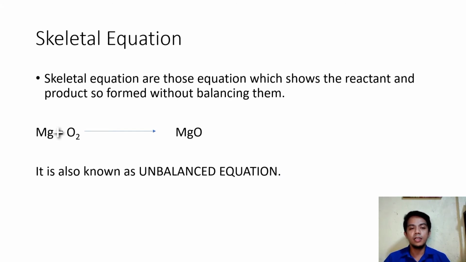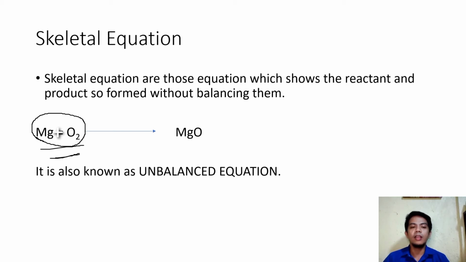So what is a skeletal equation? Skeletal equations are those equations which show the reactants and the product so formed without balancing them. An example of a skeletal equation is magnesium plus oxygen, and this is the reactant.